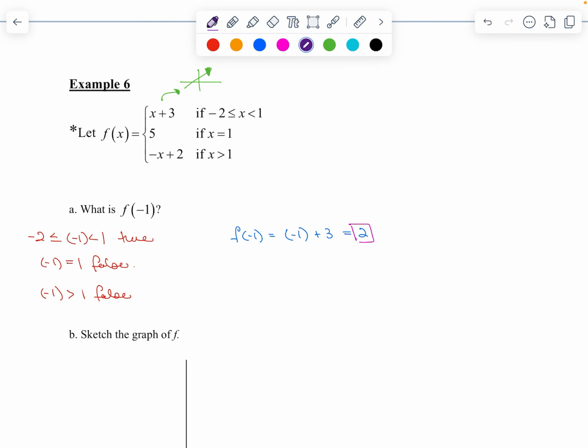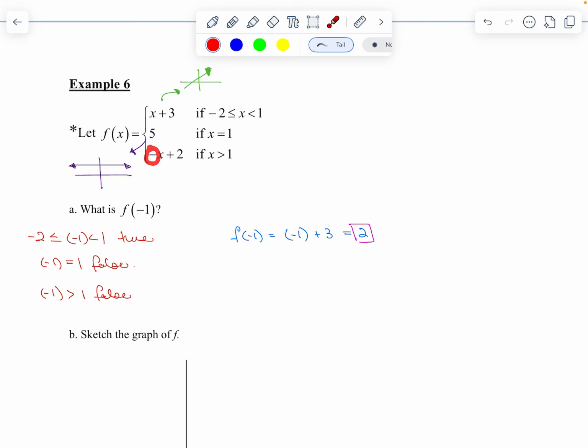For the next part, this 5, that's our constant function. That means I get a horizontal line on its full domain, at y equals 5. And the last one, again, is an equation of a line.